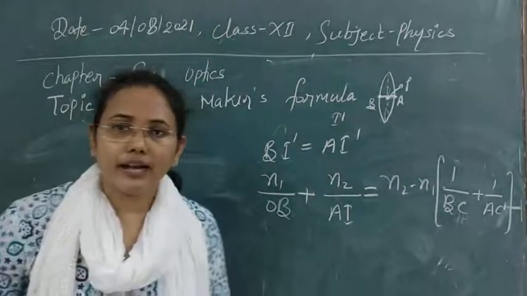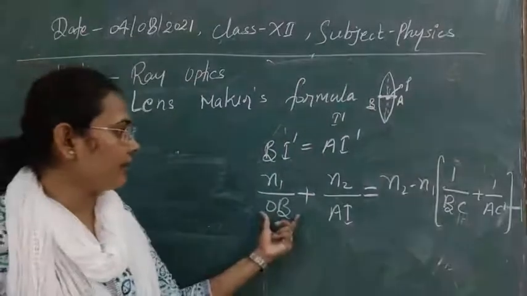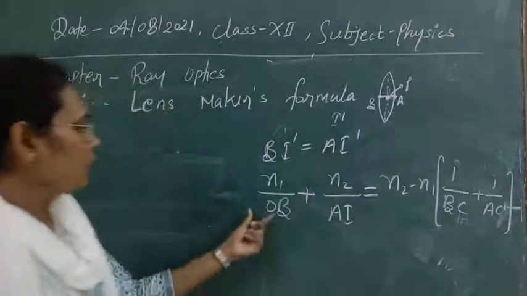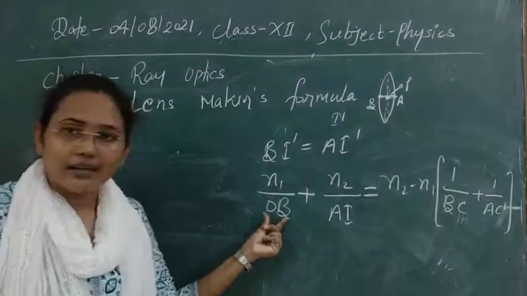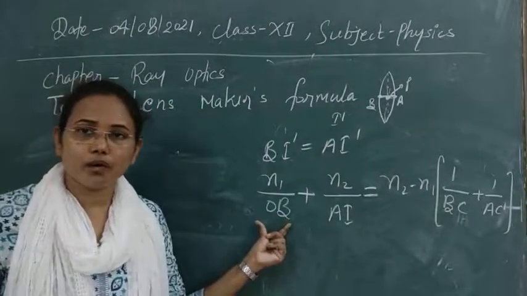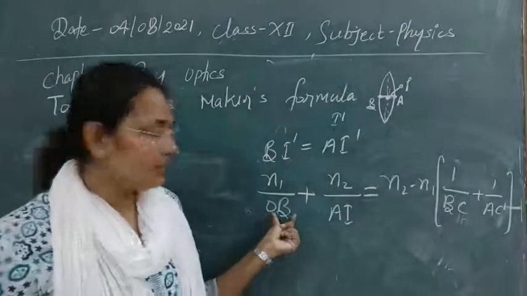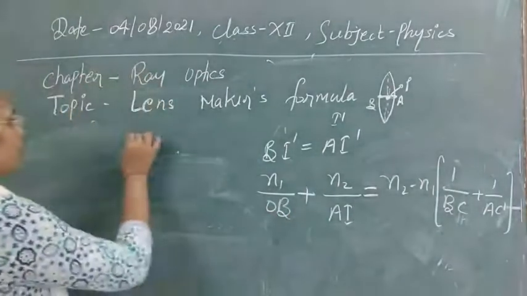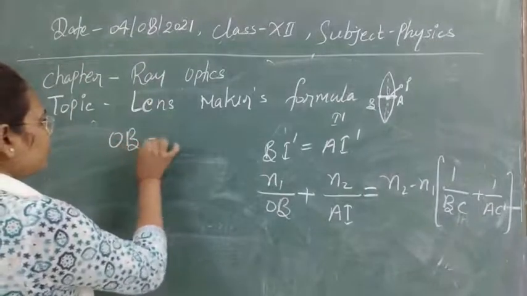If we write down the values and use the sign convention, then OB is the object distance from the first refracting surface. It means that the object distance is equal to u, as you already know.